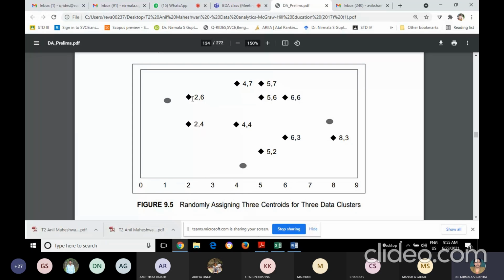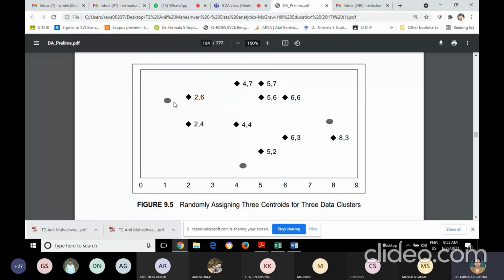When we find the difference, 2,4 is 2, 2,6 is 4, then 4,3 is 3. Can we draw arrow marks from 2,4 to this first centroid, 2,6 to the centroid, and 4,3 to the centroid, because the differences are 2, 3, 4?